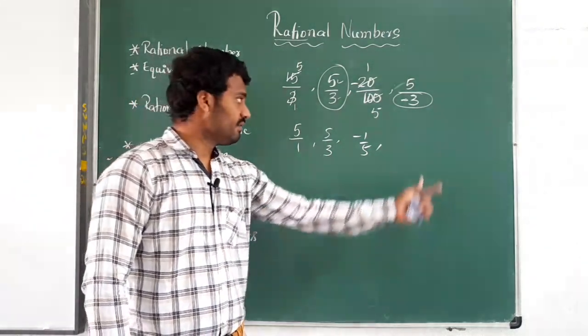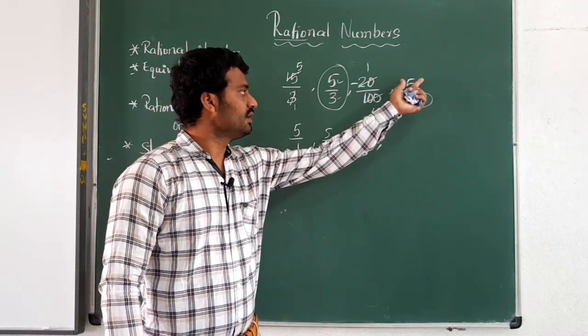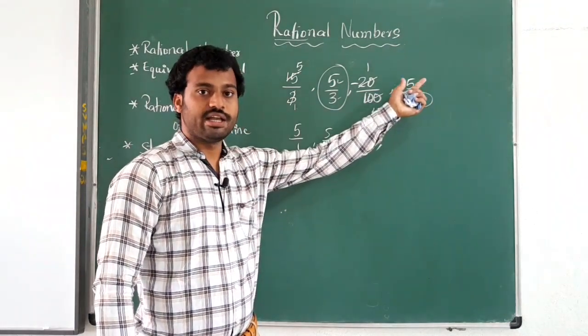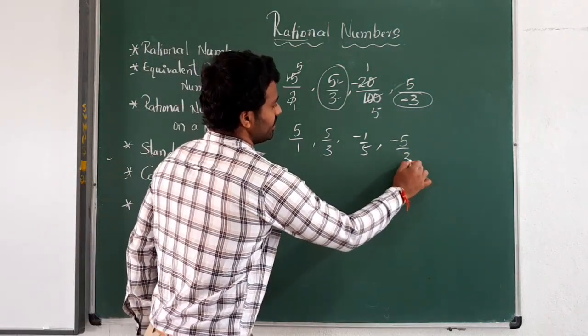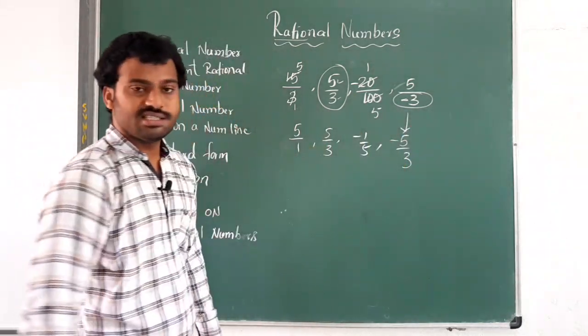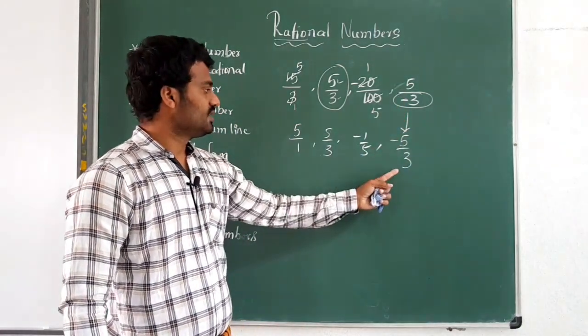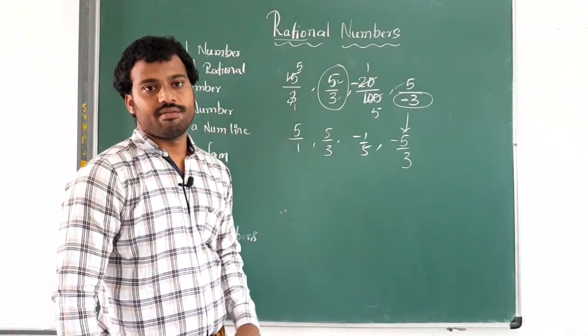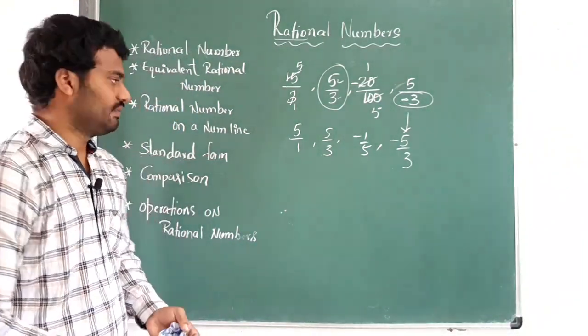If your denominator is negative, then shift the negative sign to the numerator. So minus 5/3 is the standard one. This is not in the standard form. This one is in the standard form. Is it clear? Very good.